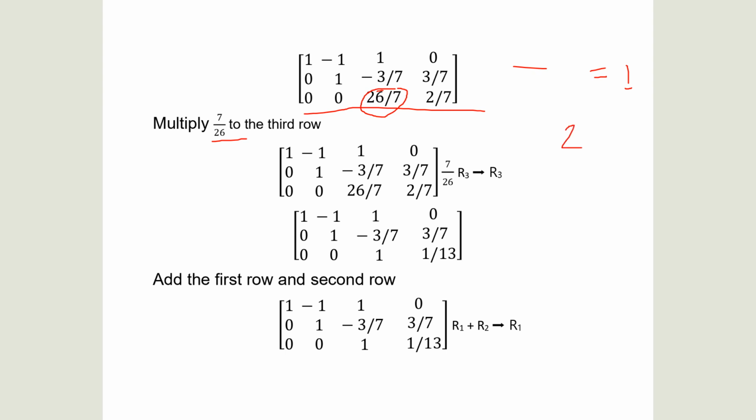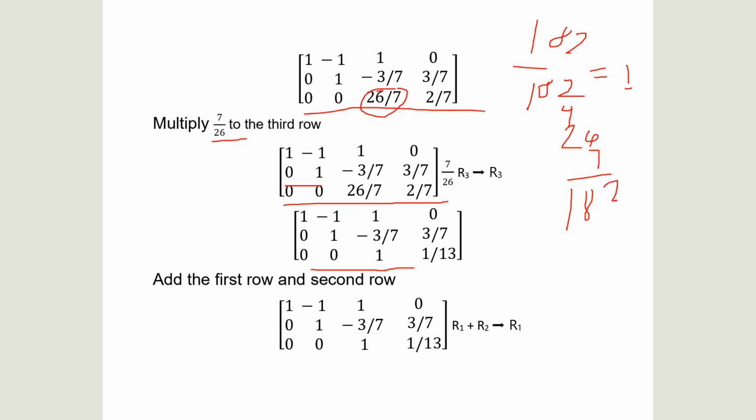Because 26 times 7 is 182, so 182 divided by 182, the quotient is 1. Very good. So this is our new row 3: 0, 0, 1, 1/13. Okay?